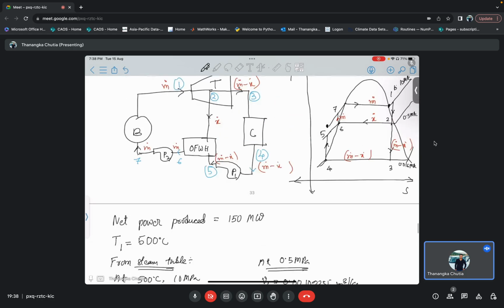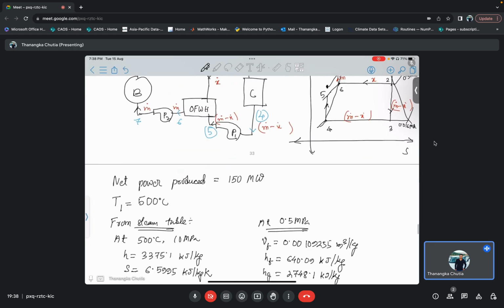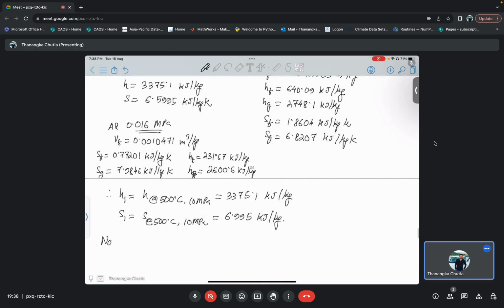Now I have directly written this point 2 inside this dome, but I may be wrong also, because whenever I am extracting, I may be extracting a superheated steam or a saturated steam. Okay, so note here we don't know that the extracted steam is superheated or saturated.